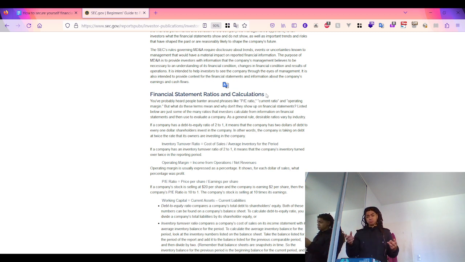Also, I look at deferred revenue, which are obligations that a company has to pay for goods and services that will be delivered in the future based on money that has been collected.